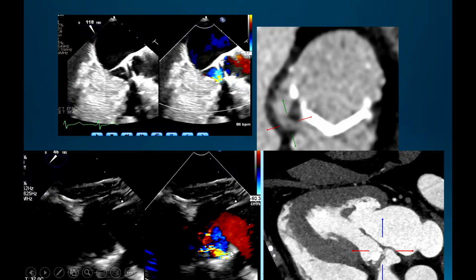So you can see this LV valve coming out here, and this is a jet, with corresponding images in the CT. Remember, with CT, you can go back and recreate any image you have in TEE. There's no excuse that you cannot find it. You can always find it, okay? And you need to prove the defect that you're seeing is where the jet is going through, okay?